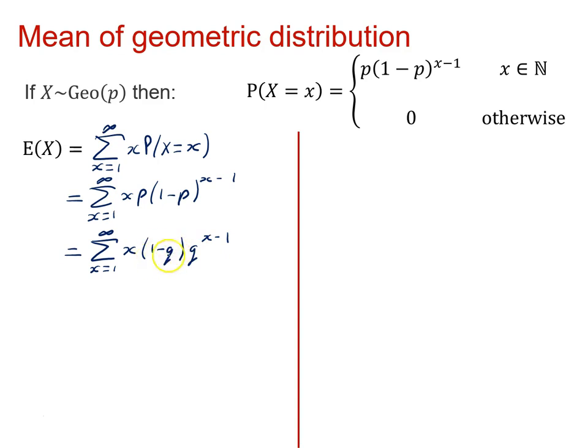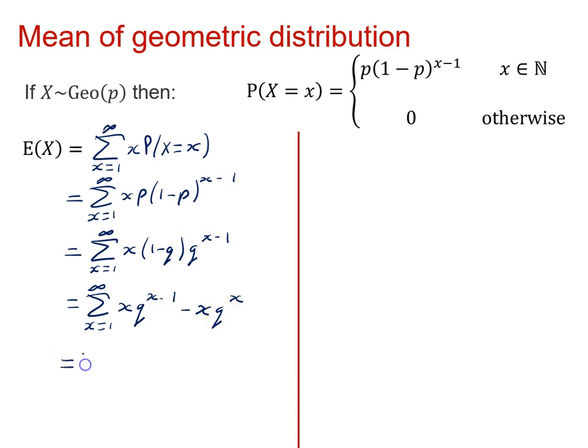And now we can very quickly multiply this bracket out to get x times q to the x minus 1 minus x times q to the x, because q times q to the x minus 1 is q to the x.